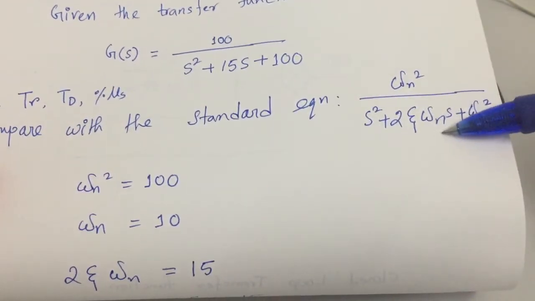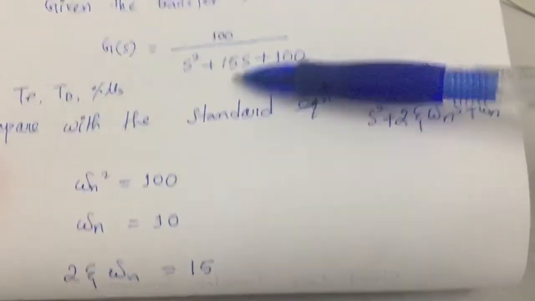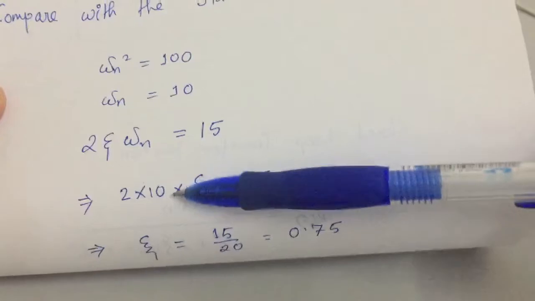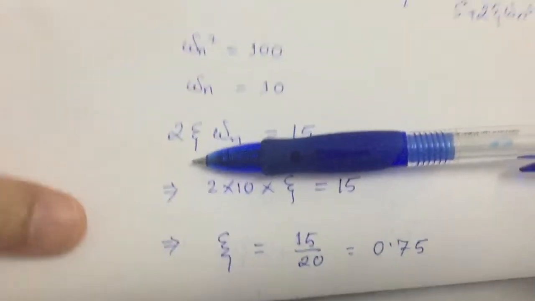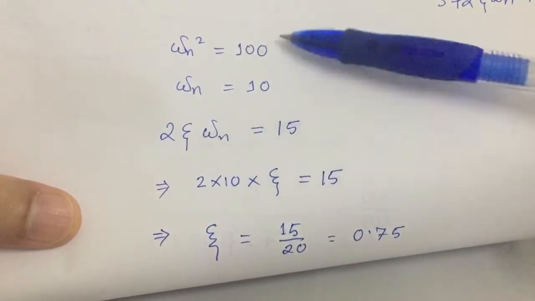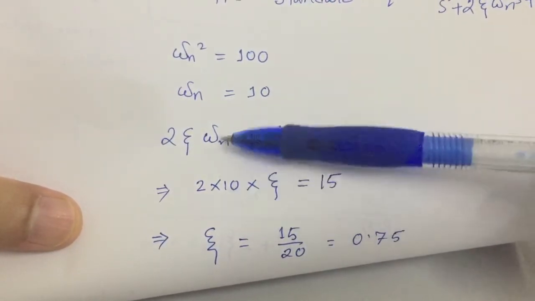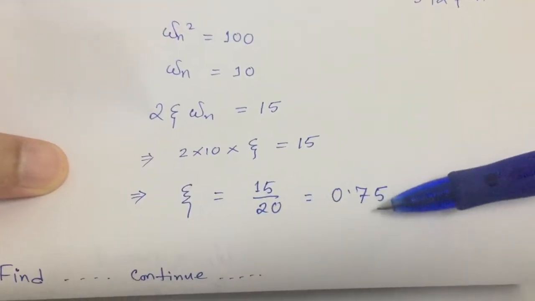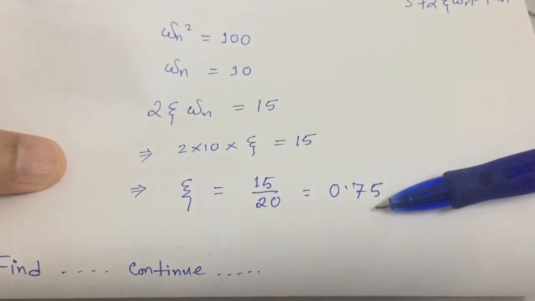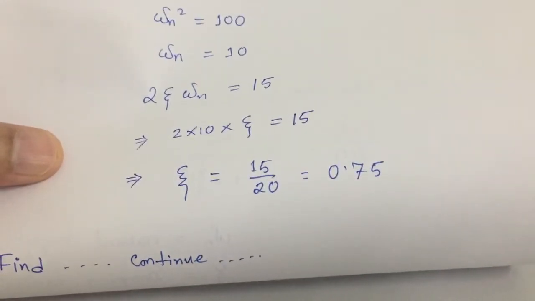And 2 zeta omega n will be 15. So if you replace the value of omega n, then you can get the value of zeta, which is 0.75.